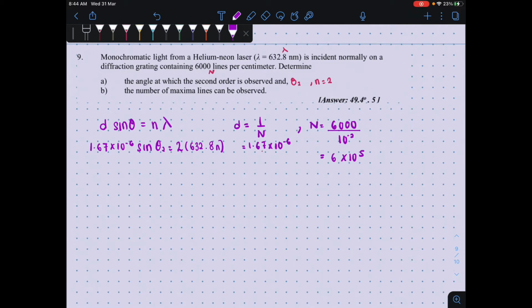Right, so you're going to do your maths here. 2 times 632.8 exponent negative 9 divided by 1.67 exponent negative 6. You're going to get your sine theta as 0.759, and then shift sine to get your theta. You will end up with 49.4 degrees.